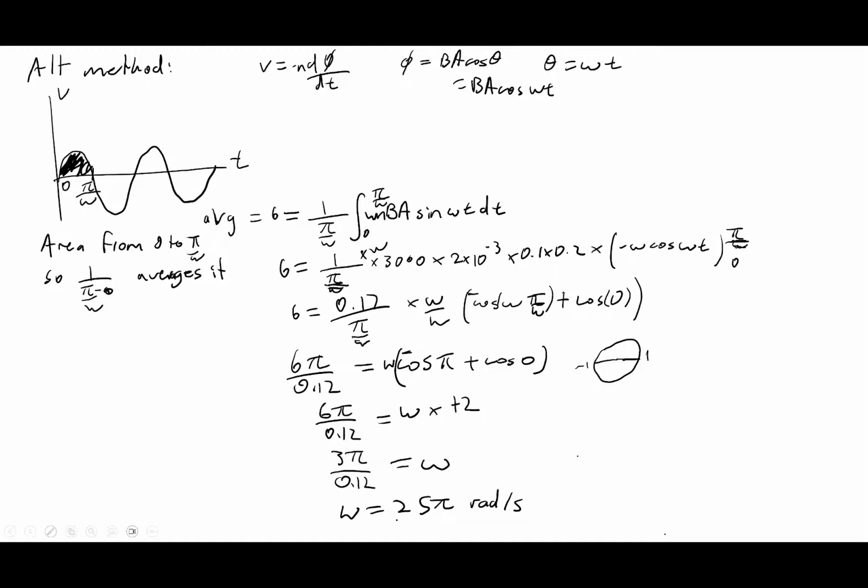And because we want revolutions per second, we divide by 2 pi. And that equals 25 over 2, which equals 12.5, which is about 13.